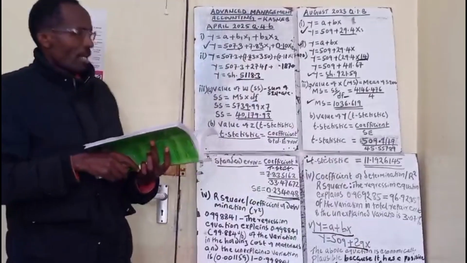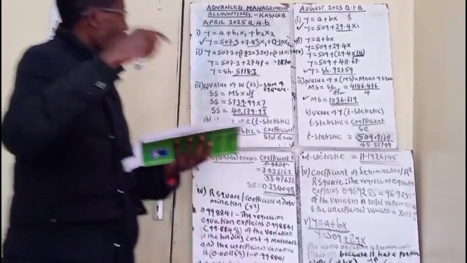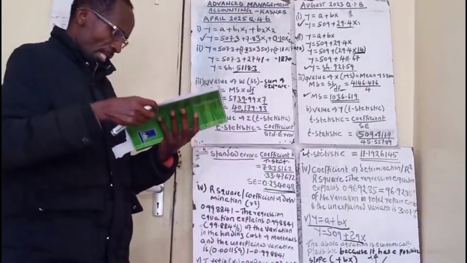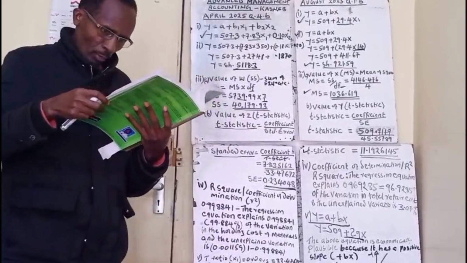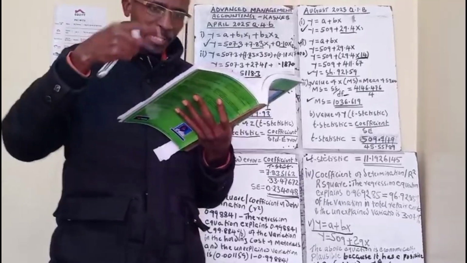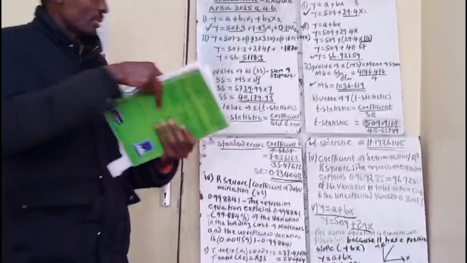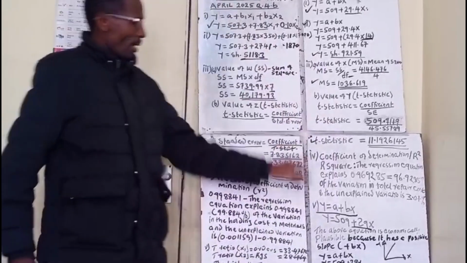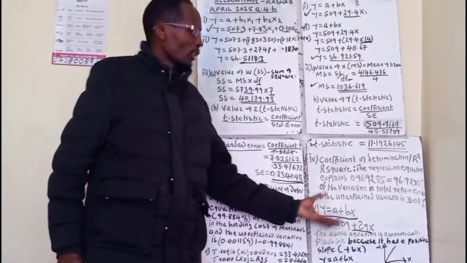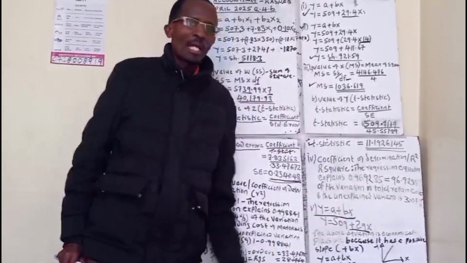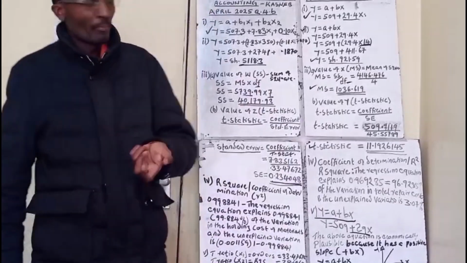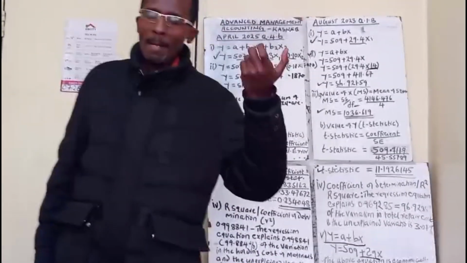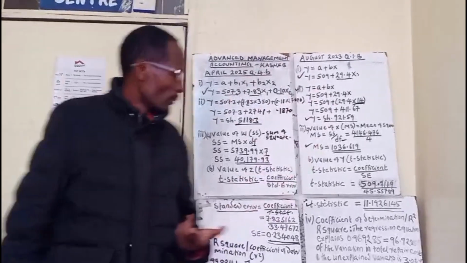Y is the total repair cost and X is the level of repair activity. So the more the repair activity, the more the repair cost. So it makes sense.